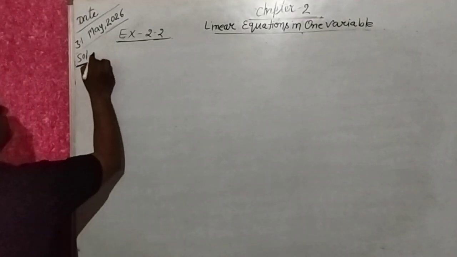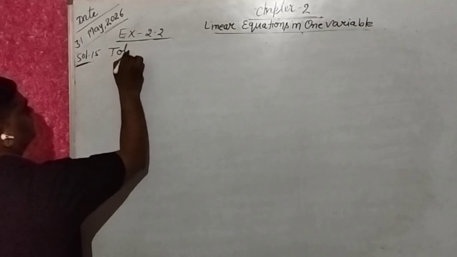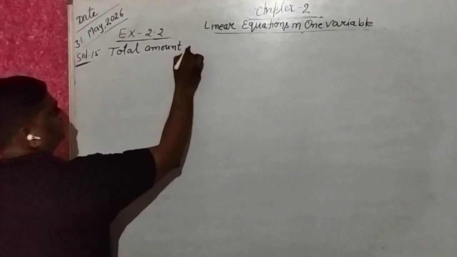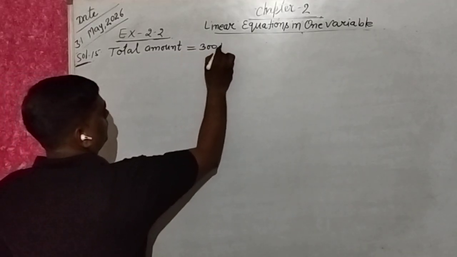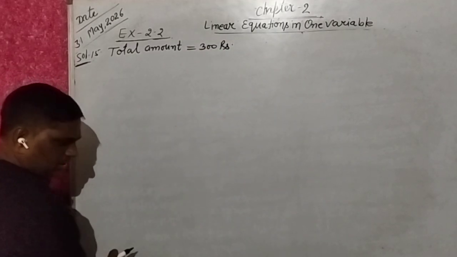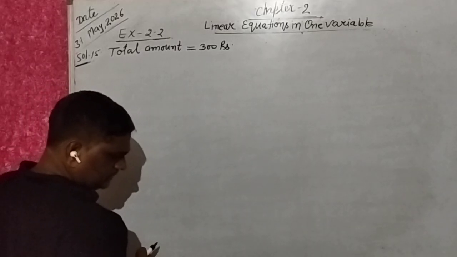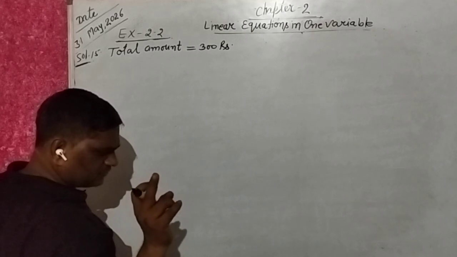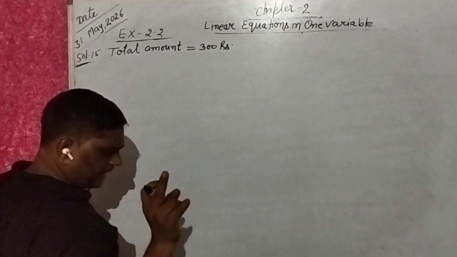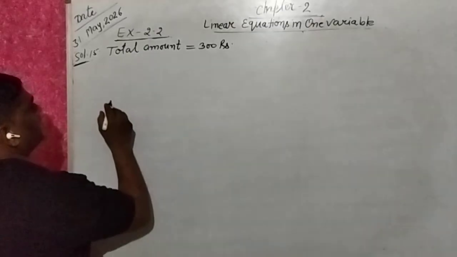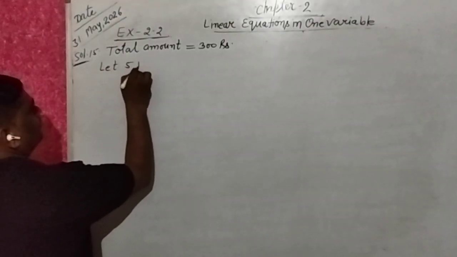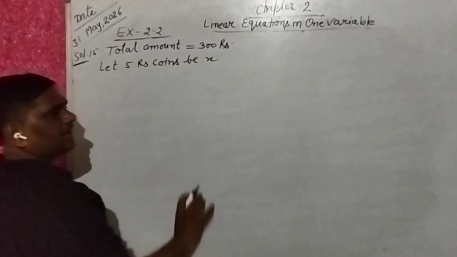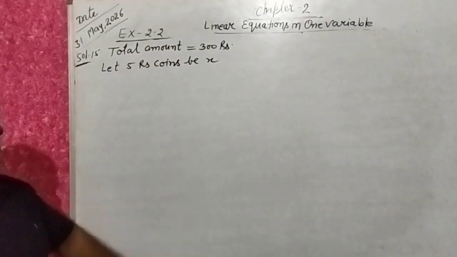First of all, question number 15, total amount is equal to 300 rupees. Next, which coin is less? I think 5 rupees coins is less. So let the number of 5 rupees coins be x.